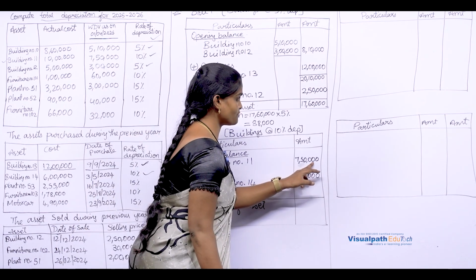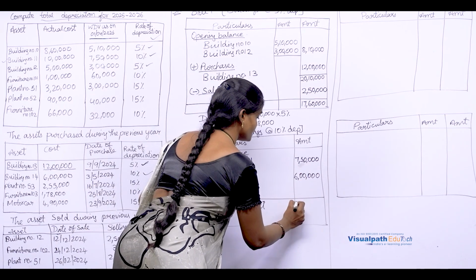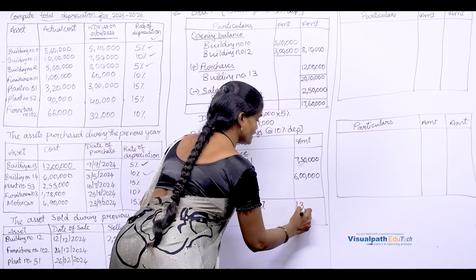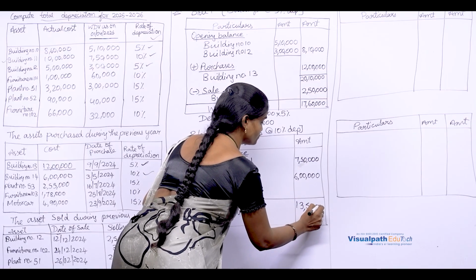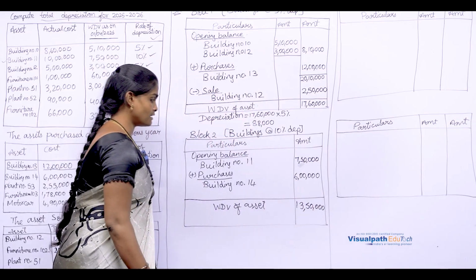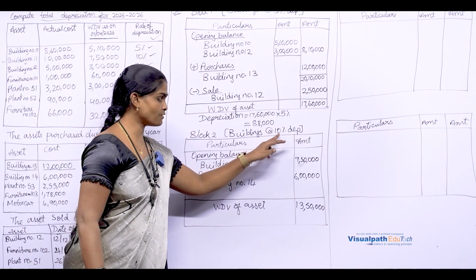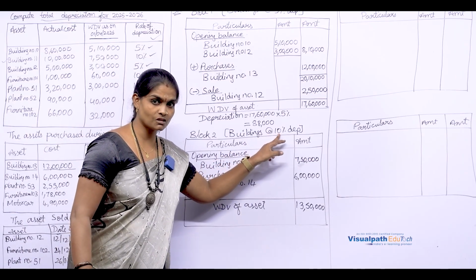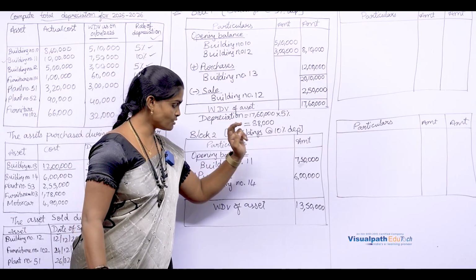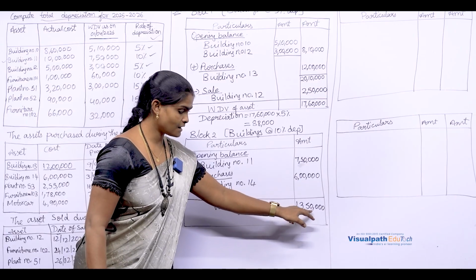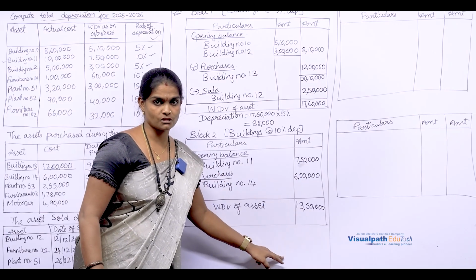Now 7 lakh 50,000 plus 6 lakhs. You will get 13 lakh 50,000. Clear? Now how much is the rate of depreciation? Rate of depreciation is 10%. Allow 10% on 13 lakh 50,000 to get the depreciation value.